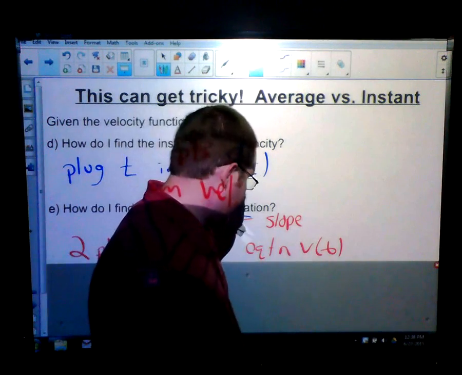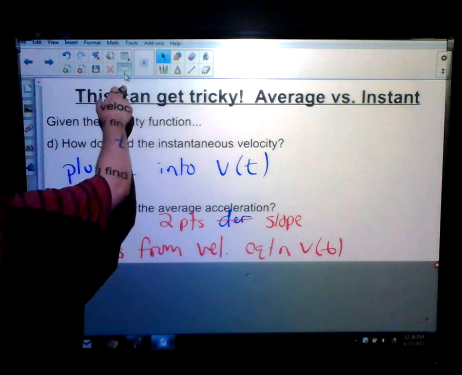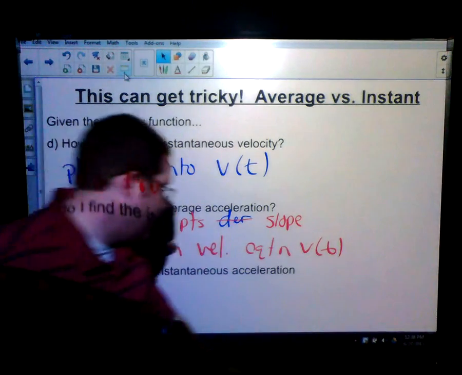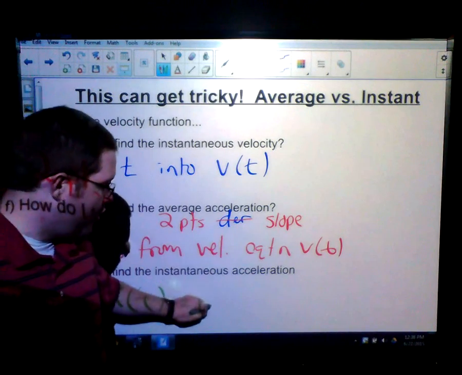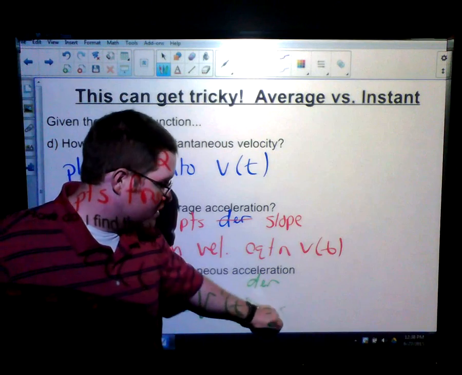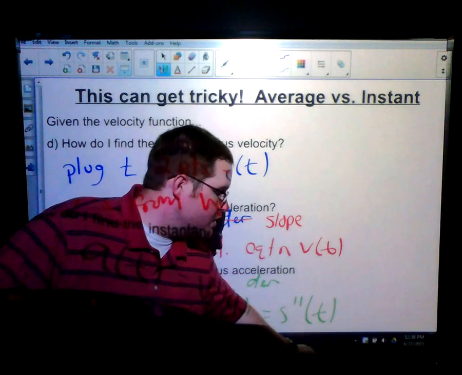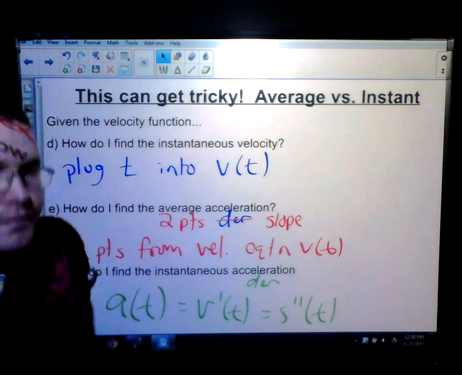I can't use the acceleration equation because I haven't found it yet. I didn't do the derivative. What if I want instantaneous acceleration? Instantaneous acceleration, that's the derivative. Which is also the second derivative of position, just in case you need to know. Remember the chart. Position, velocity, acceleration.